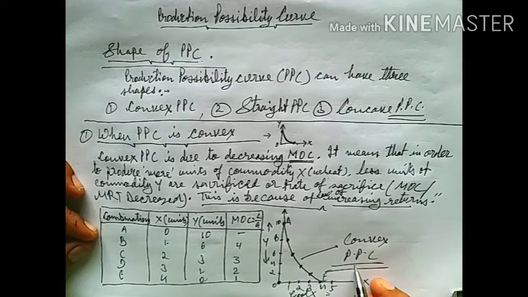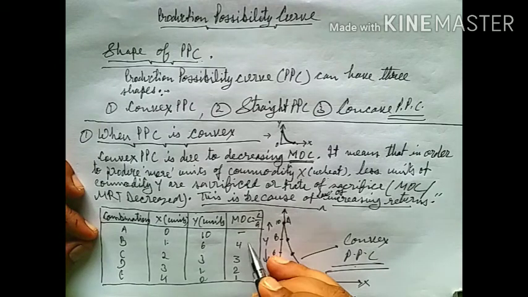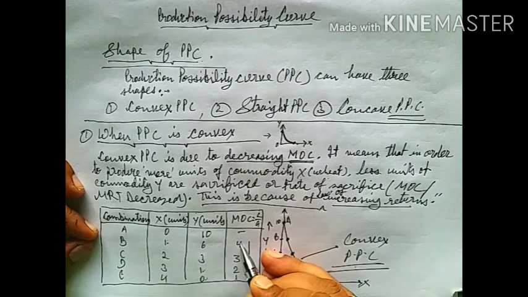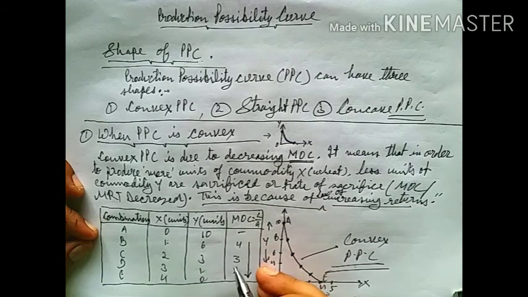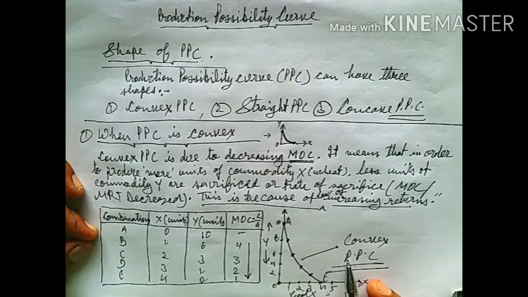The reason behind the convex shape of PPC is the decreasing MOC. Here we can see that the MOC is decreasing from 4, 3, 2 and 1. So the decreasing MOC is the reason behind the convex shape of the PPC.